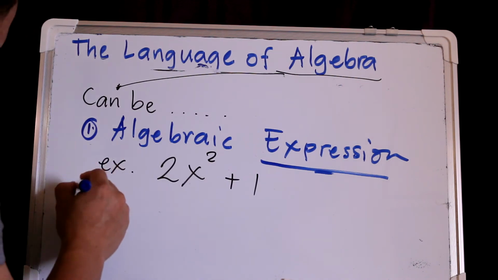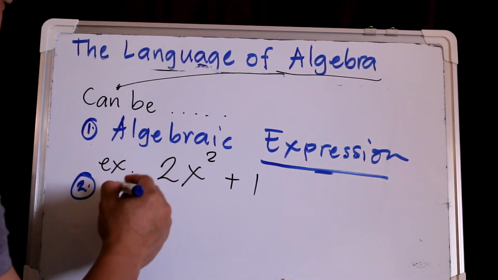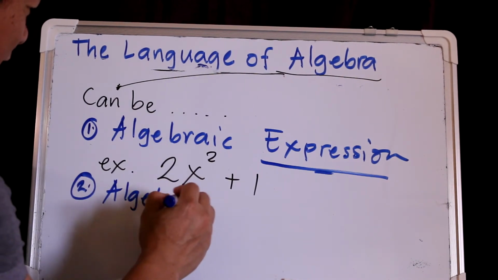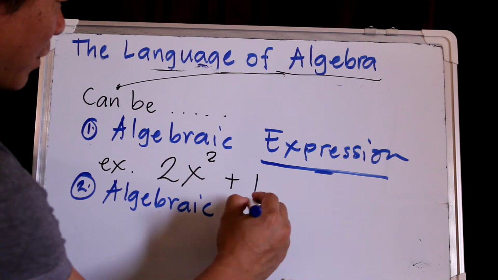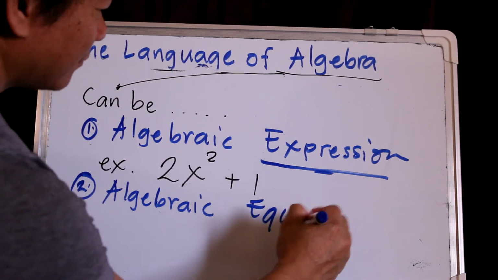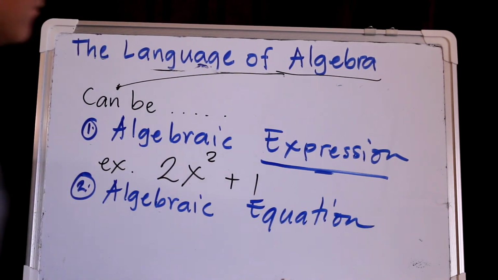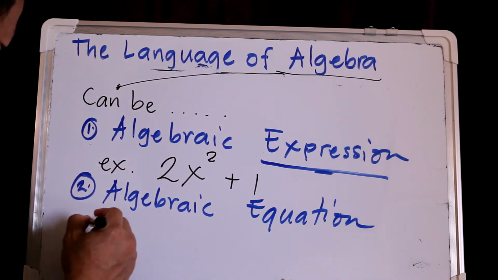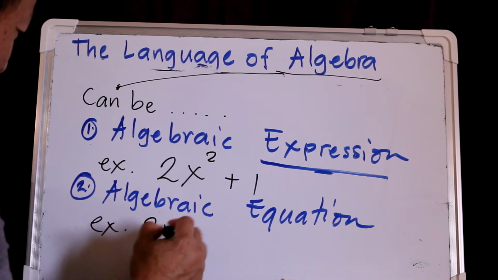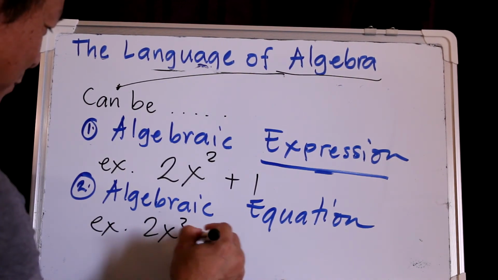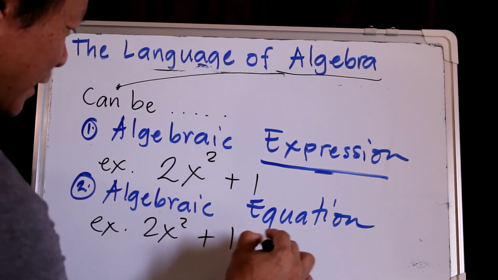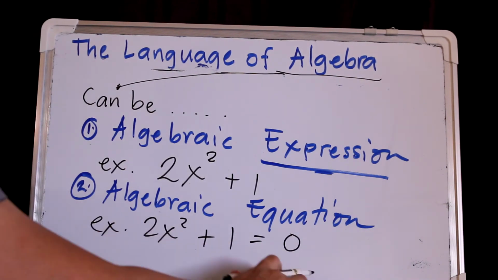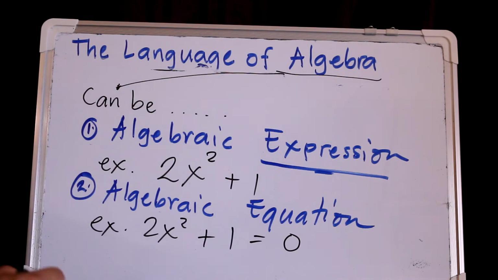Two, it can be an algebraic equation. An example could be 2x squared plus 1 equals 0. So it's a type of algebraic equation.